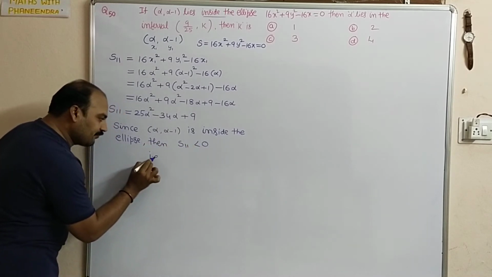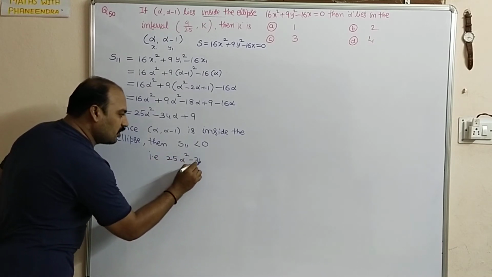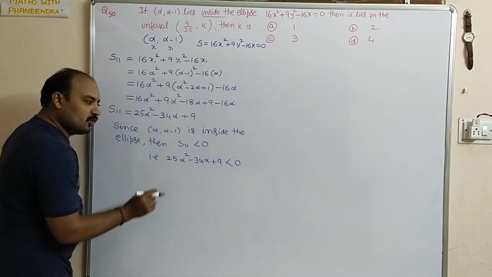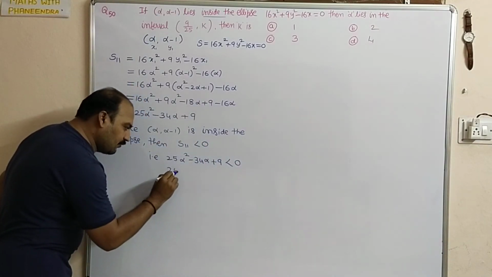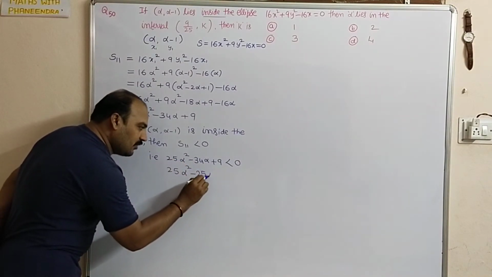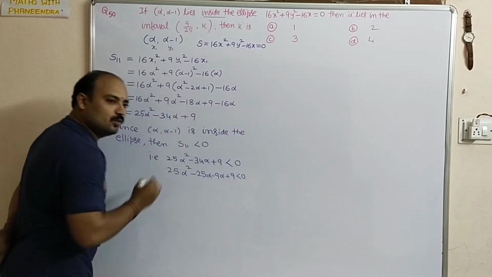That is 25 alpha square minus 34 alpha plus 9 is less than 0. Finding factors. 25 alpha square, 34 can be written as 25 alpha minus 9 alpha, plus 9 is less than 0.